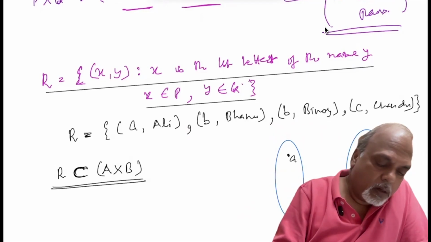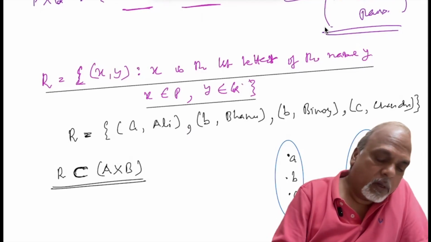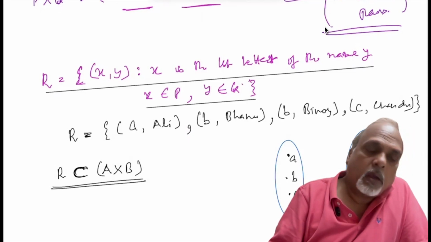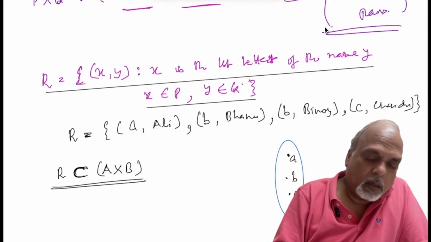A, B, C. Here, what are the elements? Ali, Bhanu, Binoy, then Chandra, then Divya.